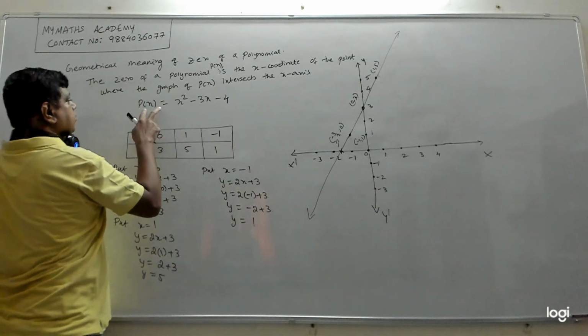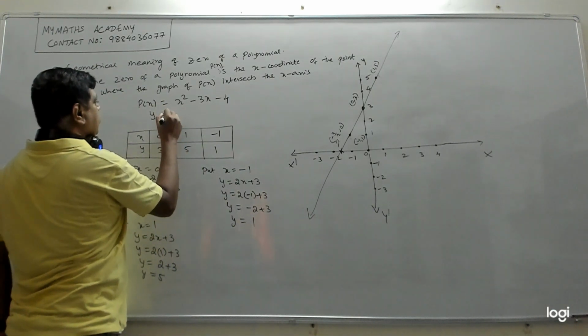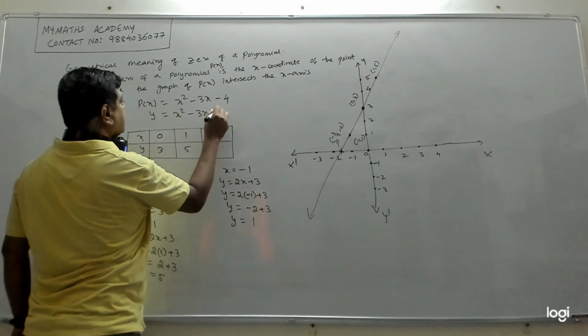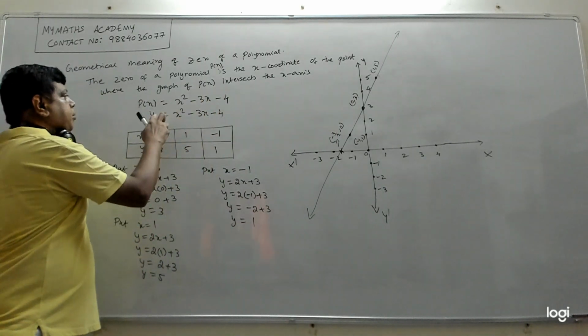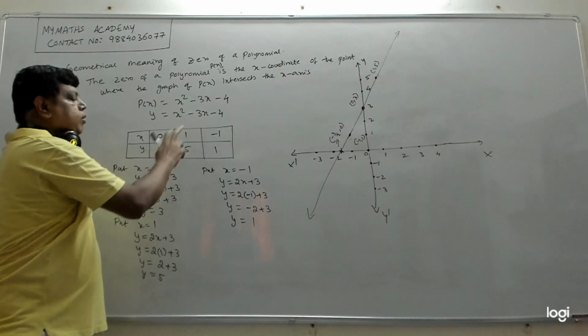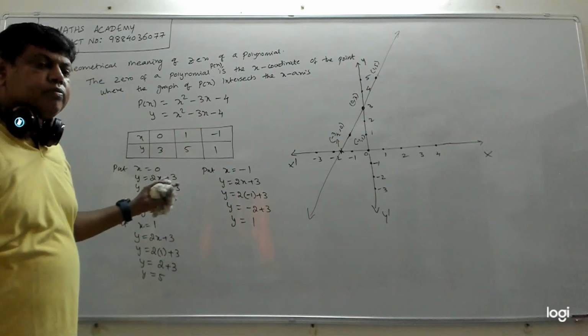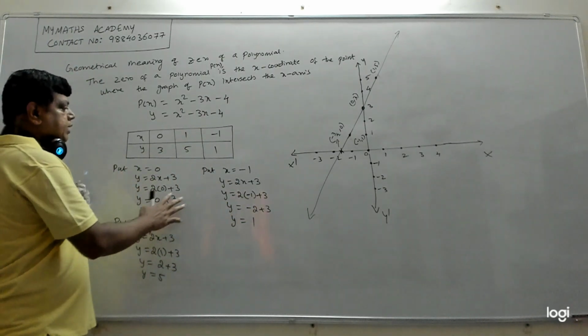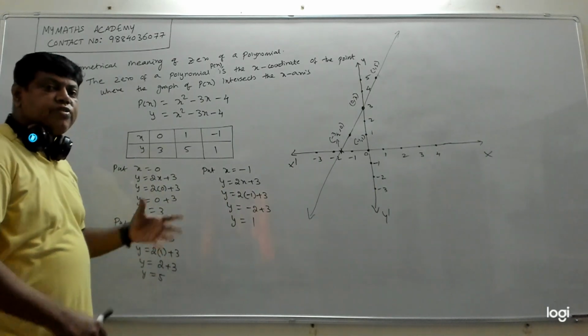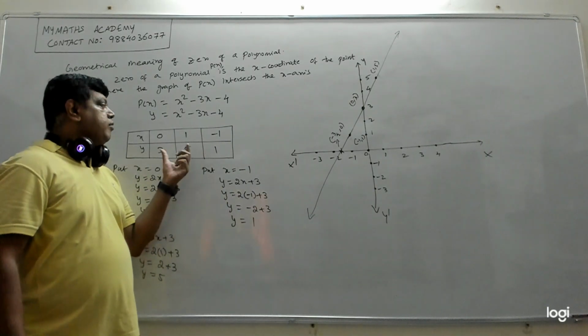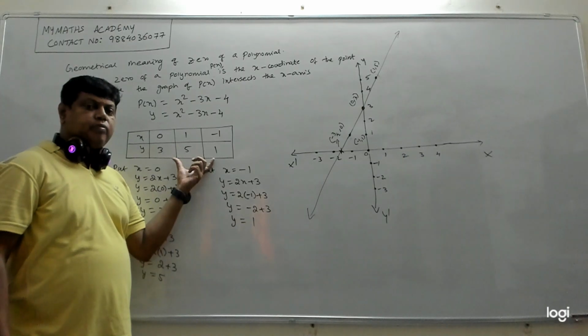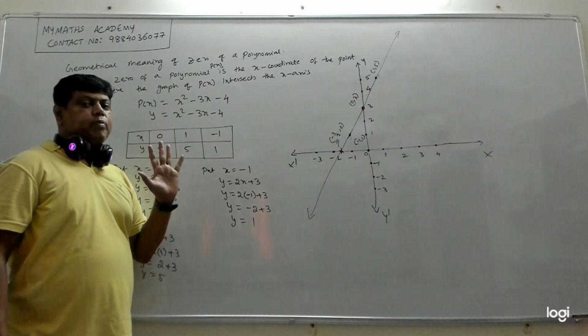I told you, whenever a polynomial is given, we take y equal to x square minus 3x minus 4. We take the entire polynomial p of x as y. Then we substitute different values of x and find different values of y. Don't restrict yourself to 3 points. We'll go for 3 points only if it is a linear polynomial where we get a straight line.